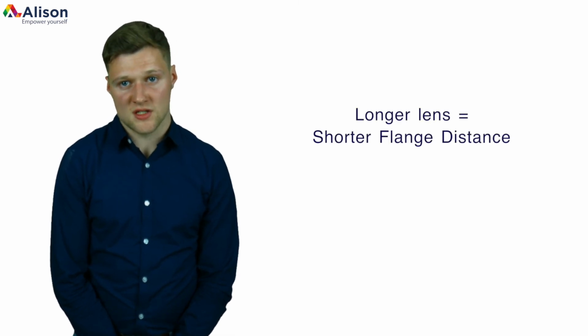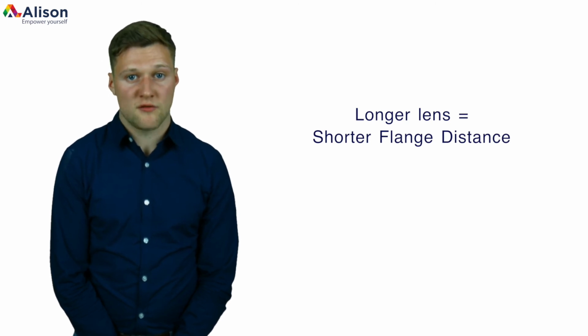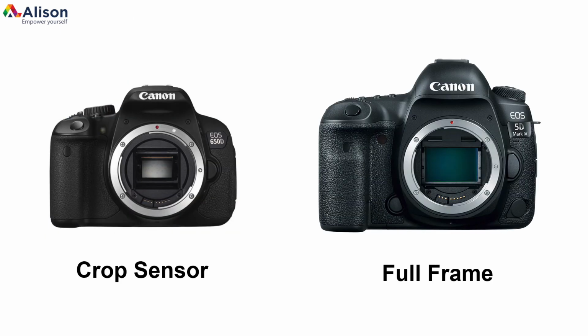This is an issue because of a term called the flange distance, and this refers to the distance between the rear of the lens and your camera's sensor. With a crop lens and an EFS, you will get a shorter flange distance due to the longer rear of the lens. This short flange distance on a crop sensor camera is possible because the mirror inside the DSLR is also smaller. On the other hand, as we've noted, the mirror inside a full frame camera is much bigger.